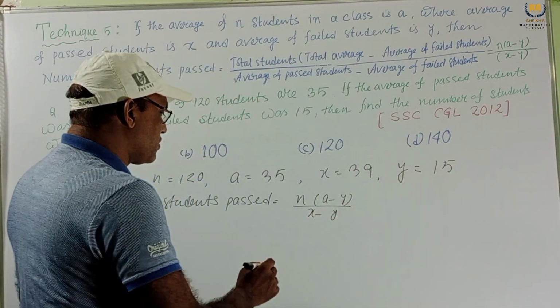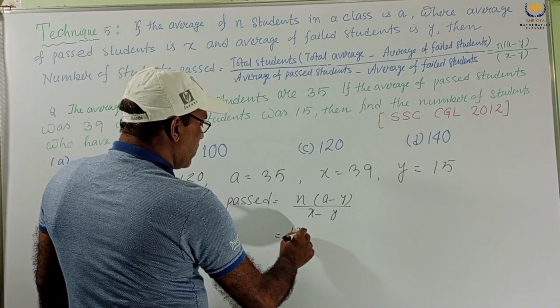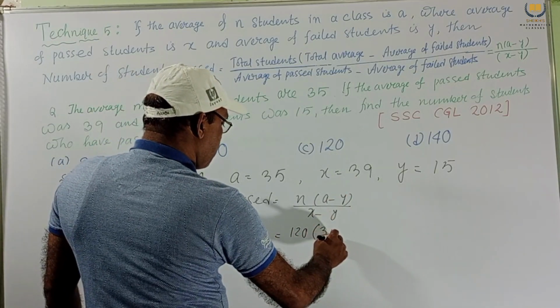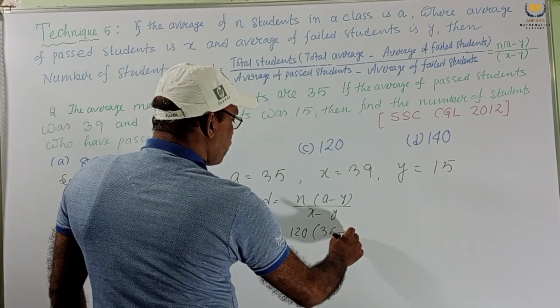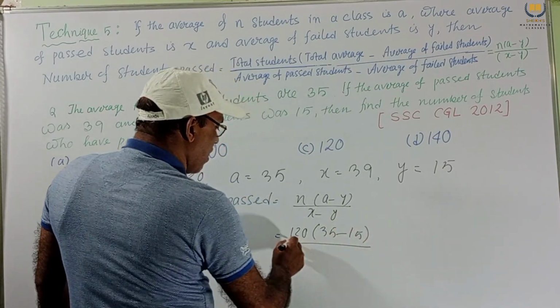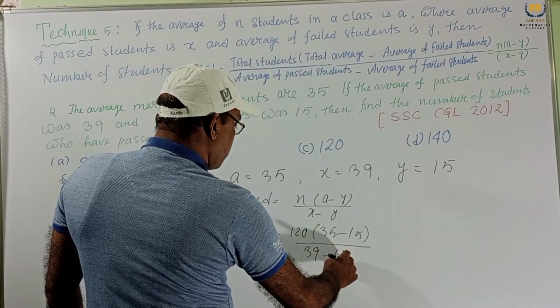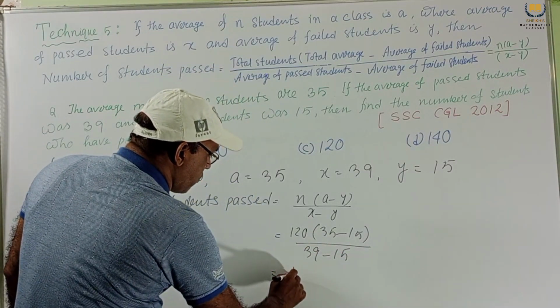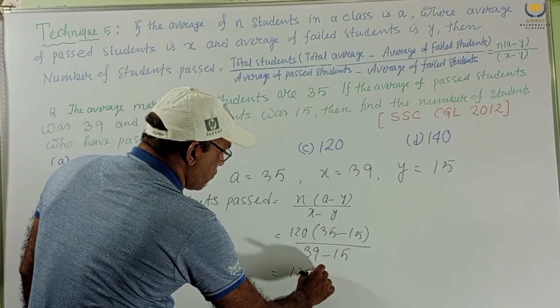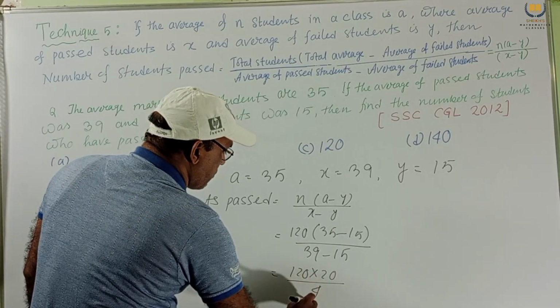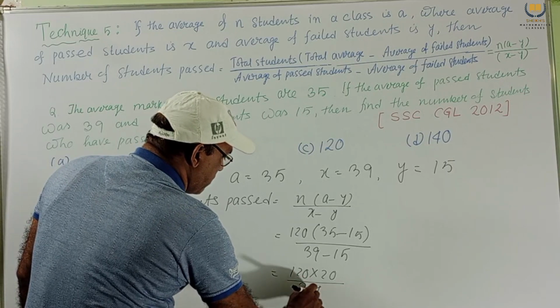Now putting the values: n means 120, A means 35, Y means 15, by X means 39, Y means 15. So this is 120 into 20 by 24.